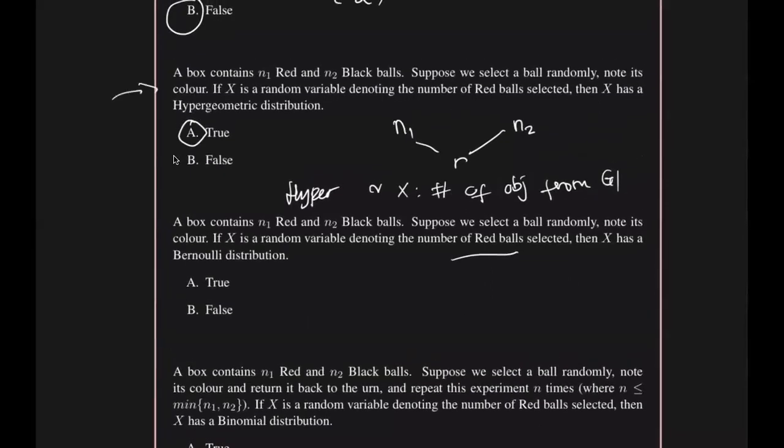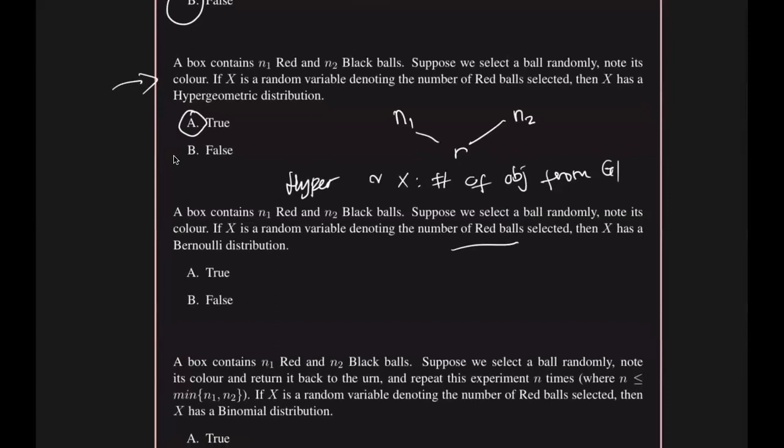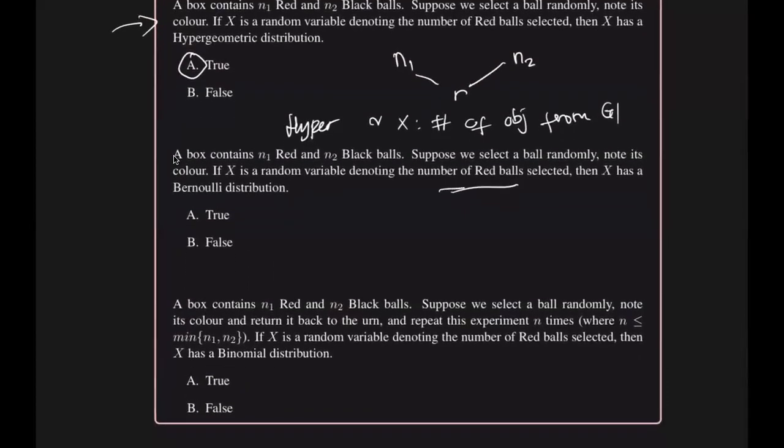Same with this question, we only select one time and note its color. If we select more than once, then we need to know whether it is with or without replacement. But since we only select one, it doesn't really matter here. So if you select a ball, you can only get red or black, right? And X is the number of red balls selected. If you get red, then the number of red balls selected is 1.